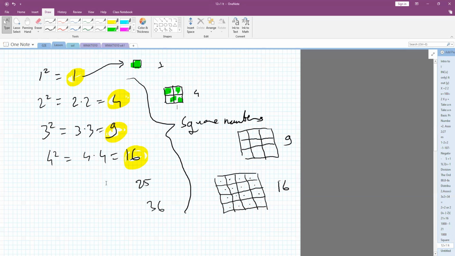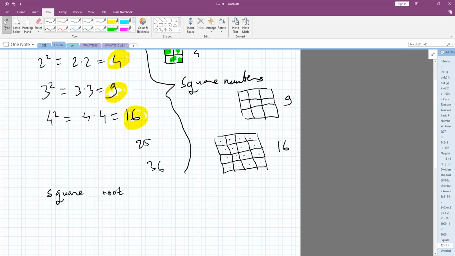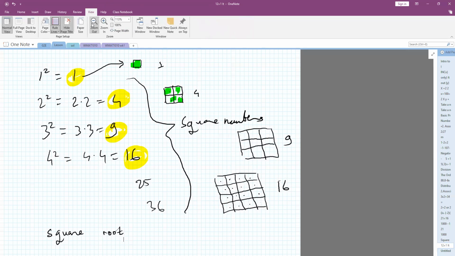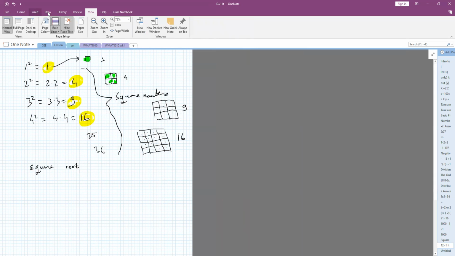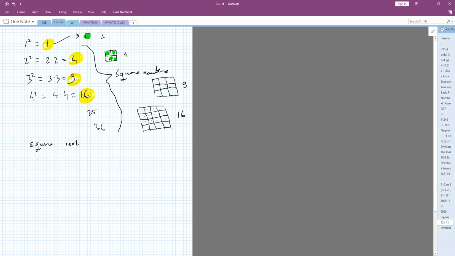The nice thing about square numbers is, of course, if you now take the square root, which is something new for you, the square root of those square numbers will get you to the original value. For example, the square root of 1 is 1. The square root of 4 gives you 2.